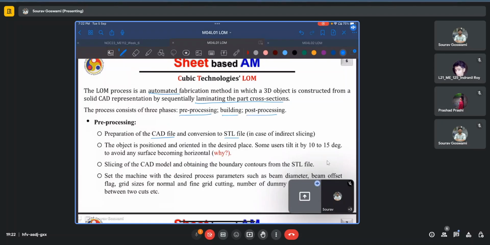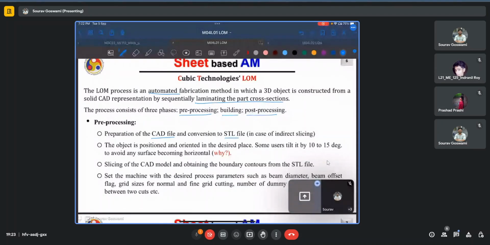When they are horizontal, the contact area between the support structure and the build surface is the maximum. So two things can happen. Either some remnant of the support structure can be left on my part, or with the support structure, it might also be possible that some part of the build comes out during the decubing process. In either case, the final part finish is hampered as well as the geometry is distorted.